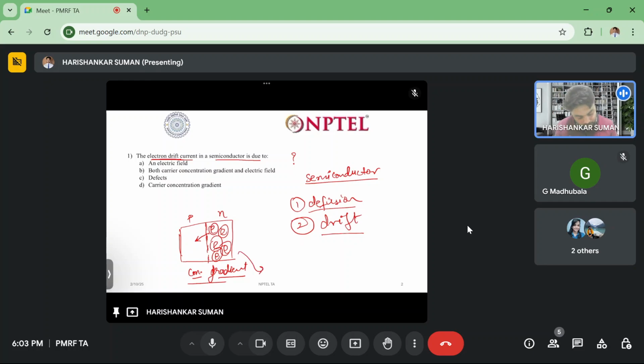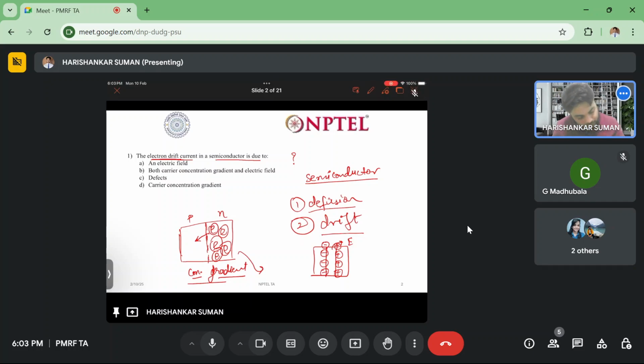If the electron is moving from one place to another place, it generates current, known as diffusion current. On the other hand, drift current is basically driven by electric field. Let's say here is an electric field, with minus here and plus, plus, plus, plus, minus, minus, minus.